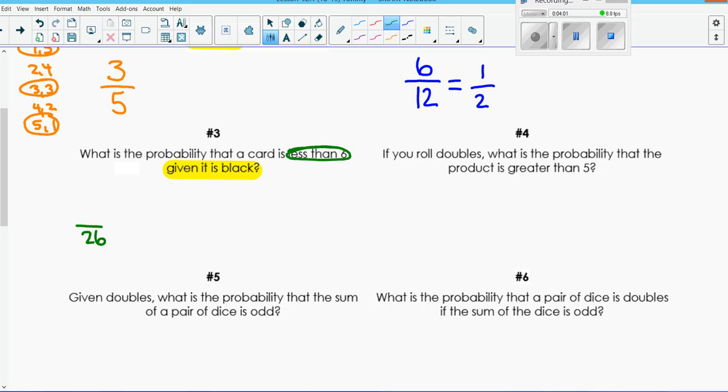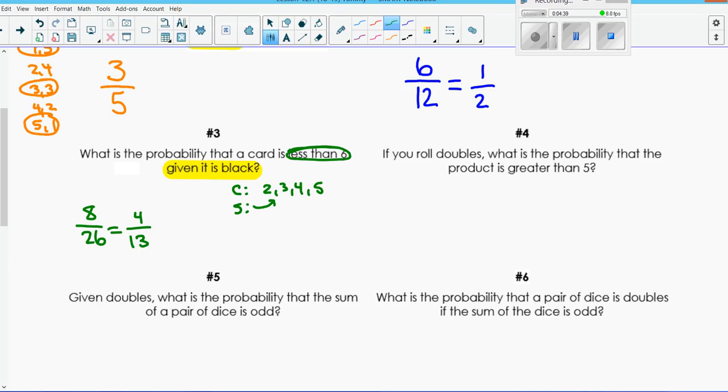Less than 6 would mean that it is a 2, a 3, a 4, and a 5. Less than 6 cannot be 6, and you can't have a 1. So given that it is black, 2, 3, 4, 5. There's the 2, 3, 4, 5 of clubs, and then there's also the 2, 3, 4, 5 of spades. So 4 of each. So that means that there are 8 out of 26, which simplifies to 4 out of 13.